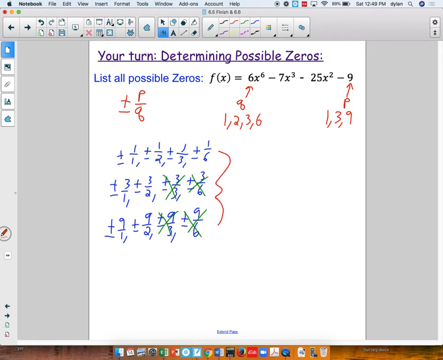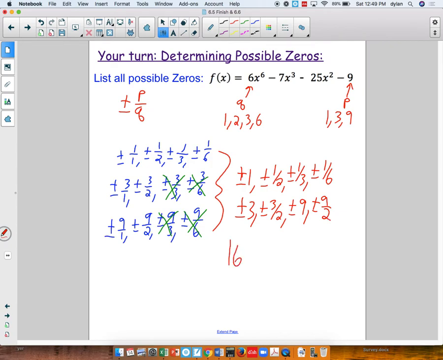So if we summarize our list, we've actually got plus or minus 1, plus or minus 1/2, plus or minus 1/3, plus or minus 1/6, plus or minus 3, plus or minus 3/2, plus or minus 9, and plus or minus 9/2. So in total here, we've actually got 16 possibilities for real zeros. And we know that there are at most 6 real zeros and possibly less if some of them are imaginary.